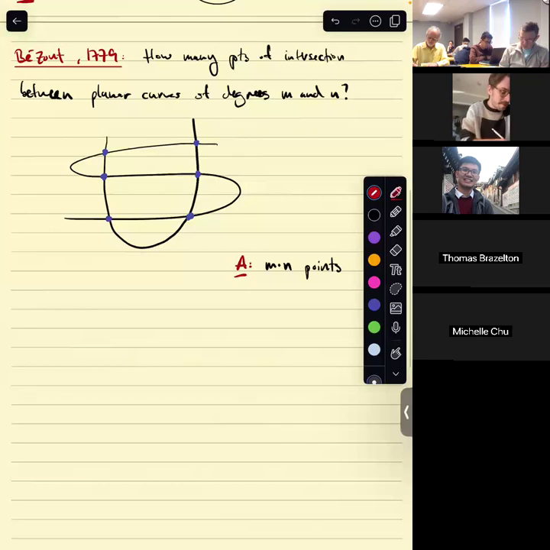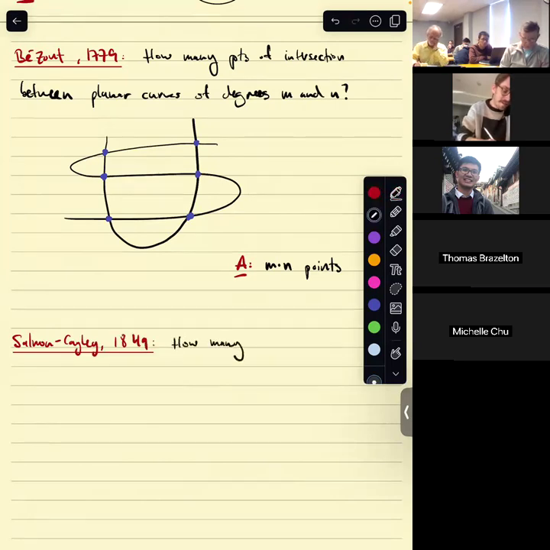And let me give one more example, which dates back to Salmon and Cayley in, I think, 1849. And this is this famous question of how many lines lie on a smooth cubic surface.